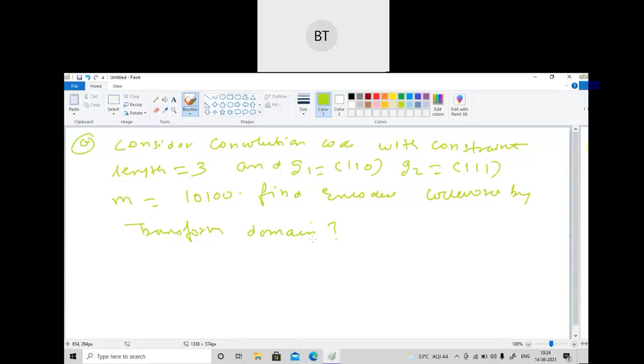You just have to verify this, and after verification, you have to proceed. Please try to solve it.